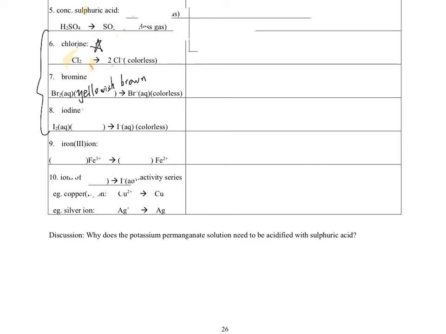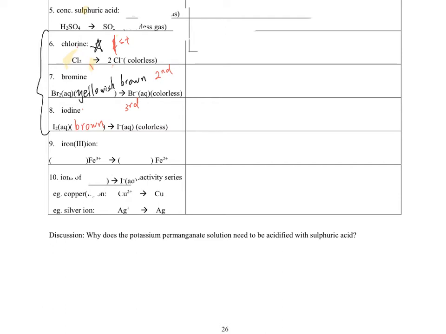So this one will be the first, and this one will be the second, and this one will be the third reactive. For the color of iodine, it's deeper in color. Its color will be brown. So when it undergoes redox reaction and is reduced to iodide, we will see the color change from brown to colorless. And the ninth one is iron 3 ion.